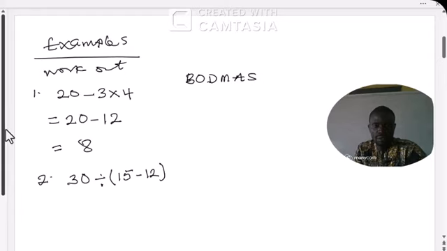Yes, here we have division and we have brackets. Irrespective of the operation inside the bracket, you must carry out that bracket first. You must clear the bracket.